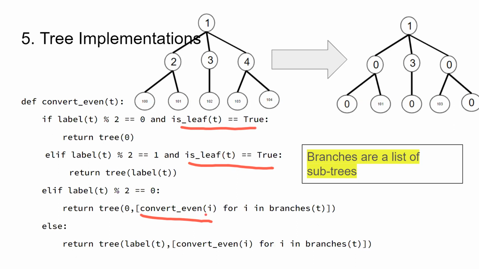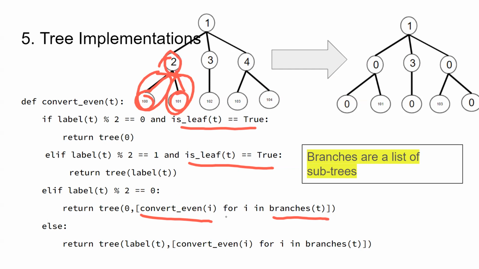So in order to make them a list of the branches, you use list comprehension. So for branches of t, say we use this one, we actually have this branch and this branch. Convert even only returns either one of these.